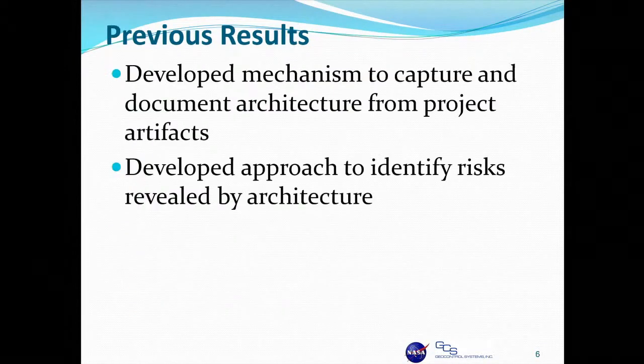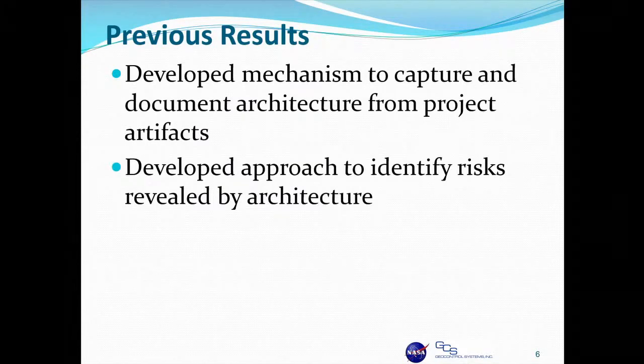So the previous work that we talked about here last year was we developed a mechanism to capture architecture, at least at a high level perspective, really early in the project planning process, using all the available artifacts to capture all the architecture views, and we did that using a 4+1 model, as well as the cross-cutting concepts such as technical budgets.